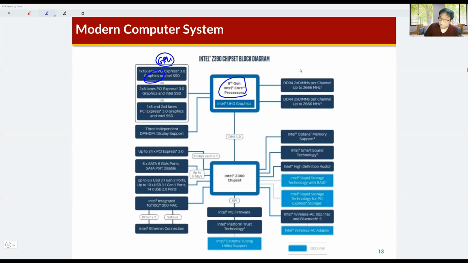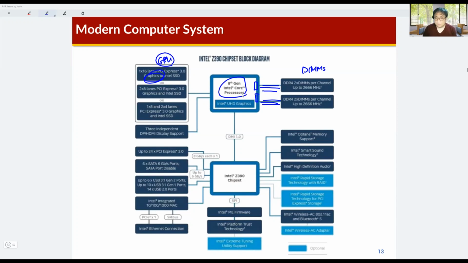Also, the memory DIMMs are connected to the CPU via the DRAM memory controller. So the data bus between the CPU and DRAM supports very high bandwidth.